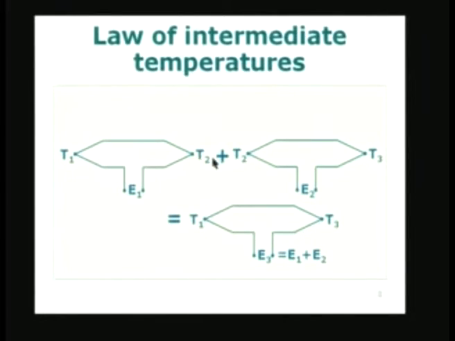So, I know the temperature T2. Now, if you connect the thermocouple between T1 and T2, which is room temperature, it will give you some output E1, and the T2 room temperature with respect to, let us say, T3, I consider the ice point, for example. T2 with respect to ice point will give E2.